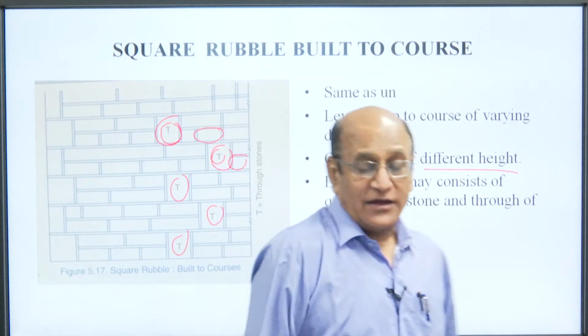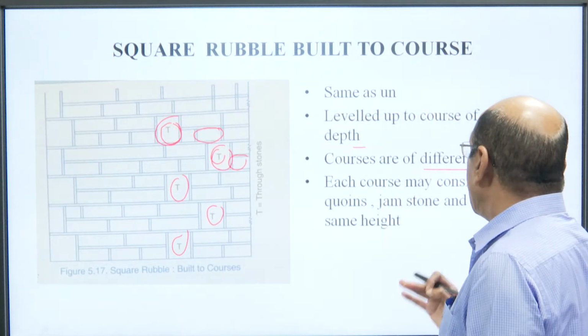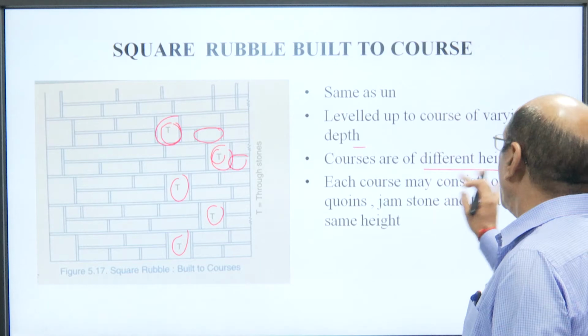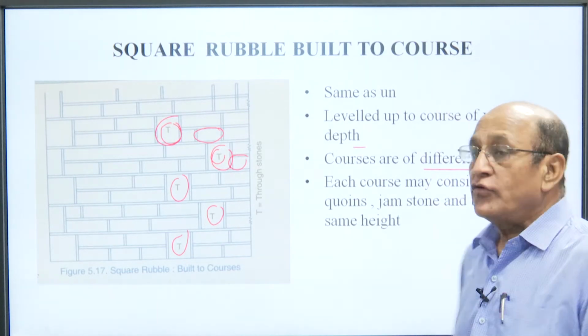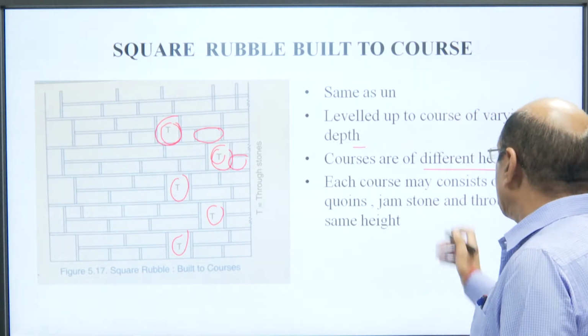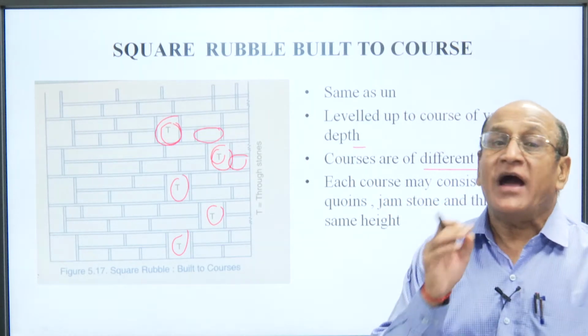So the stones are still of different heights. Each course may consist of quoins, jamb stones and throughs of the same height.